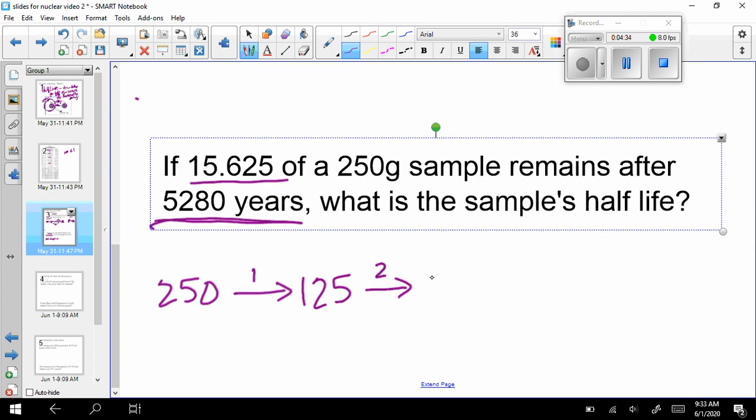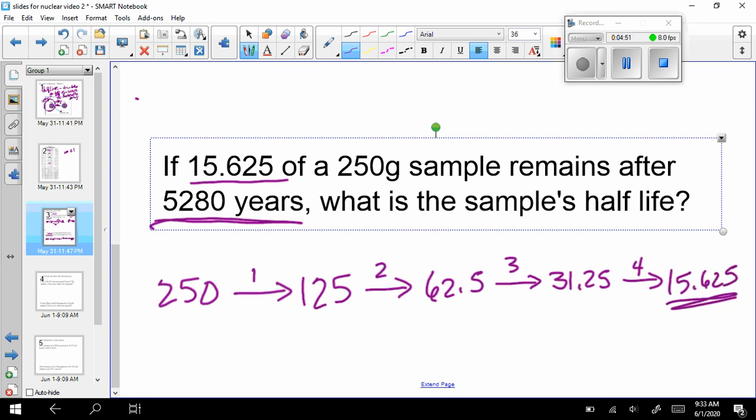After 2 half-lives, I'd have 62.5 grams. Not done. After 3 half-lives, I'd have 31.25. Still not done. After 4 half-lives, half of that would be 15.625. Yes, that's what I wanted. So 4 half-lives have gone by.